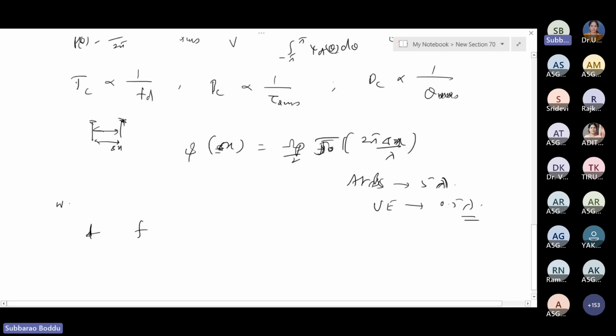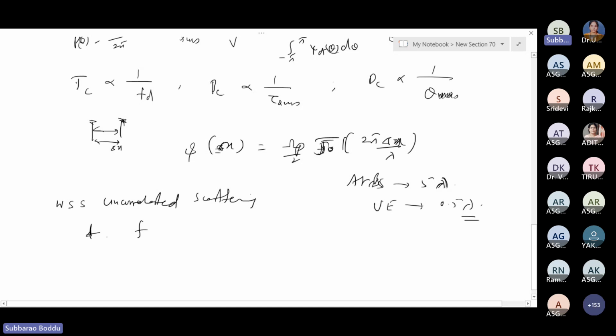Most of you might know this: wide sense stationarity, uncorrelated scattering, the WSSUS channel model.